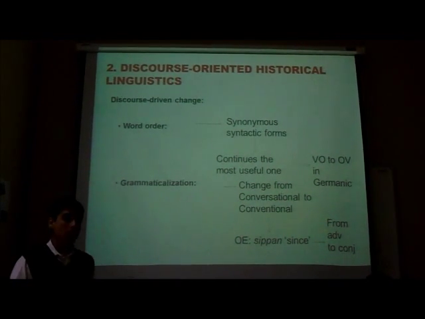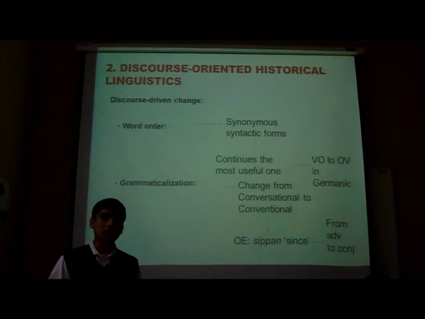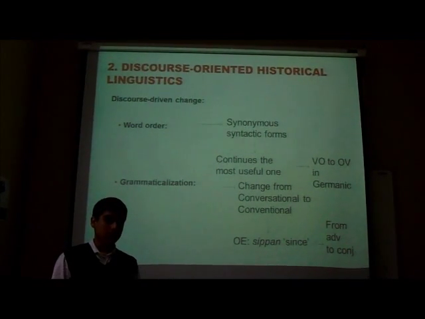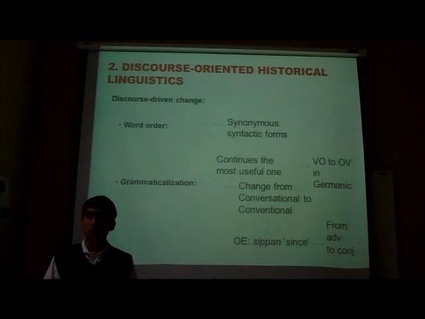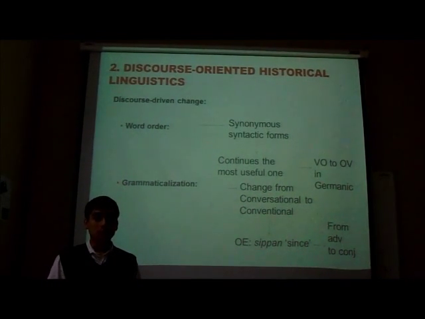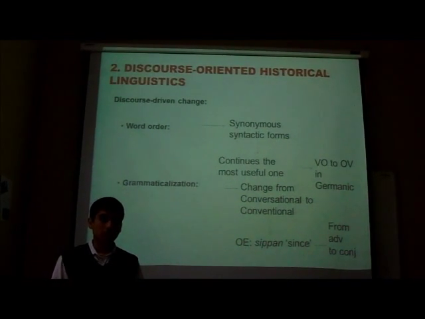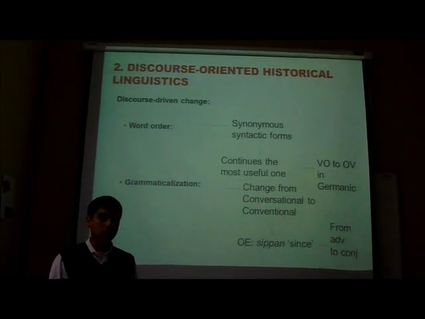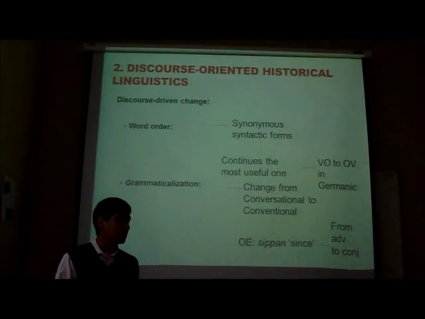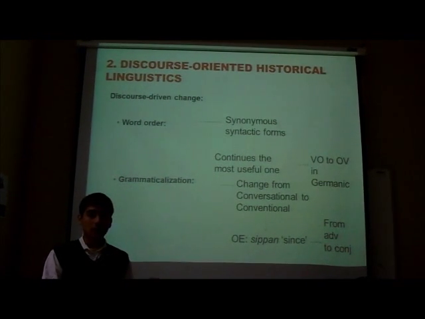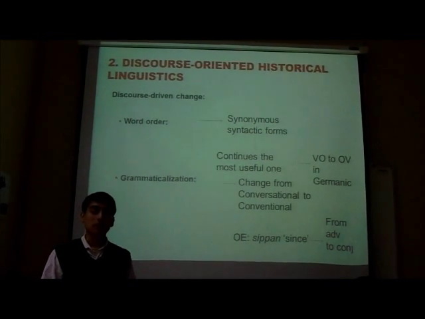In word order, as this author suggests, we have synonymous syntactical forms, which means relatively the same. In these cases, people tend to use the most useful one, which is the case of the change of verb object to object verb in Germanic languages.